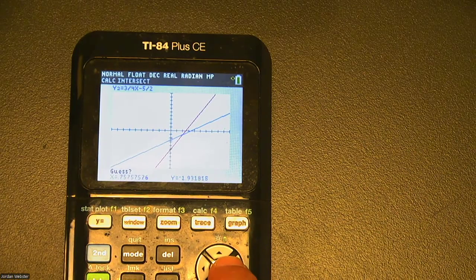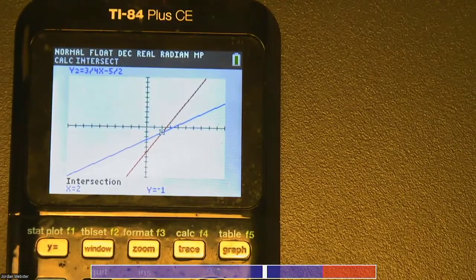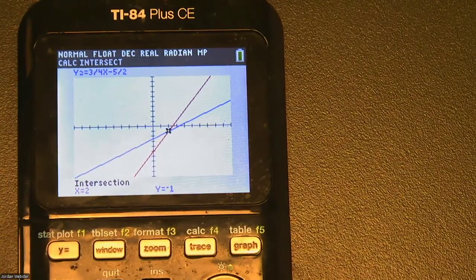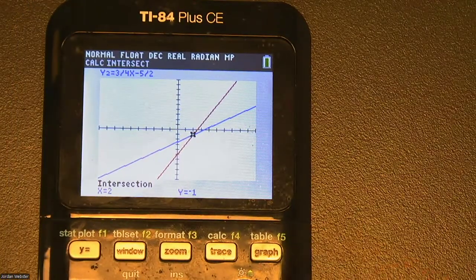And then a guess, this just means get close to your point, then hit enter. This says that the point of intersection is the point where x is 2 and y is -1. So that is my solution to this system of linear equations.